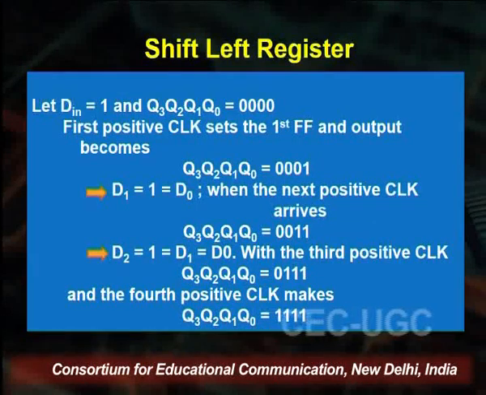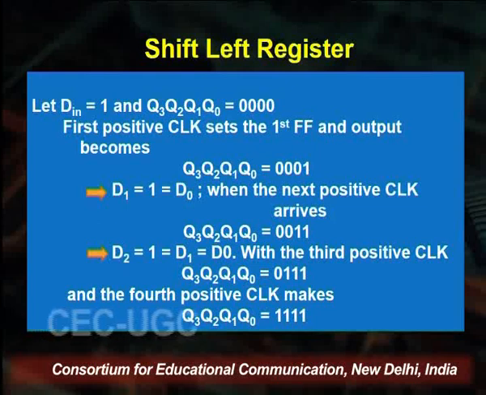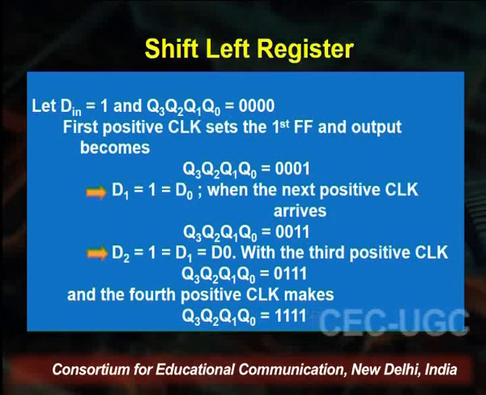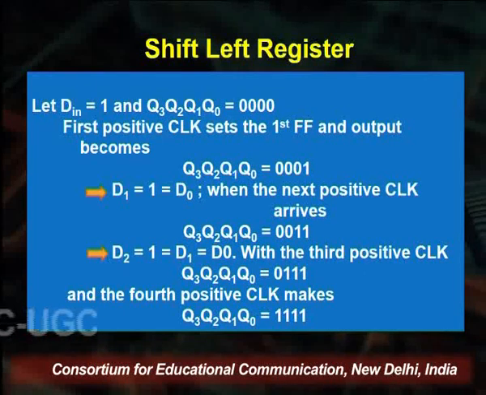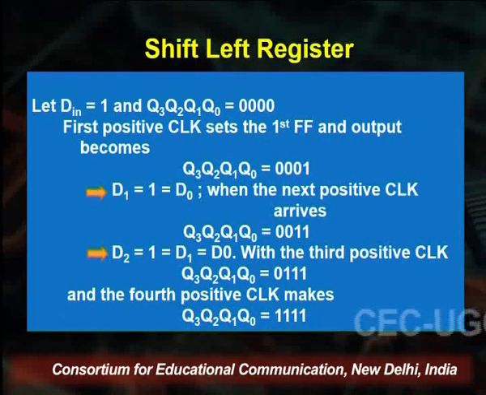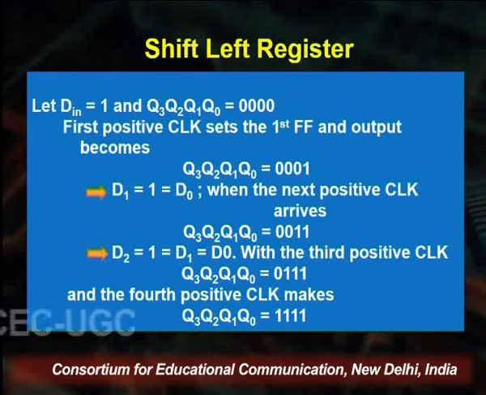Initially when we make this DN as 1, we get the values of Q3, Q2, Q1, Q0 as 0, 0, 0, 0. That is, after the clear had gone high and then it went low. So the first positive clock edge sets the first flip-flop and we get Q3, Q2, Q1, Q0 as 0, 0, 0, 1. Next clock edge arrives.